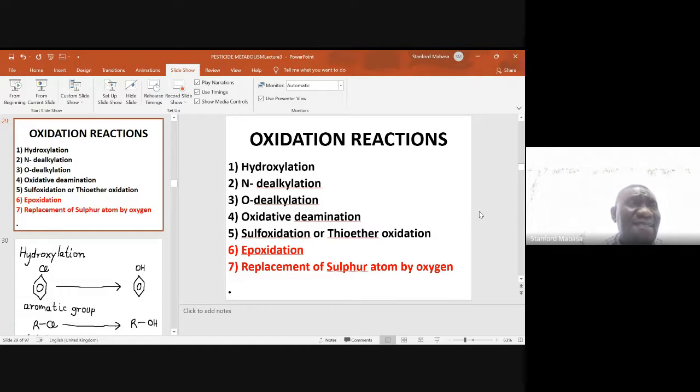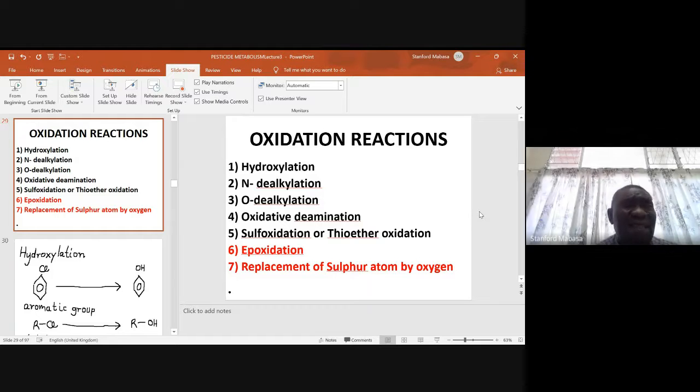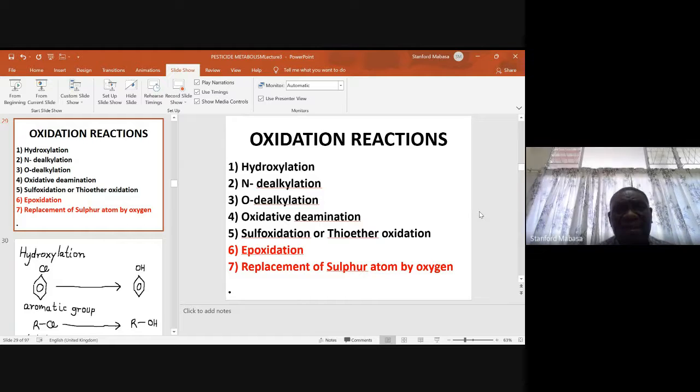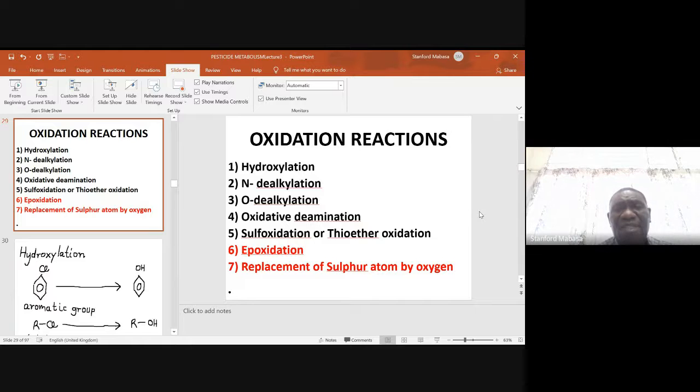With hydrolysis, we have seen their activity on amides and esters, and we gave the hydrolysis special names like amidases or carboxyl esterases. But this now is the activity of cytochrome P450, another enzyme, facilitating at least 7 reactions.